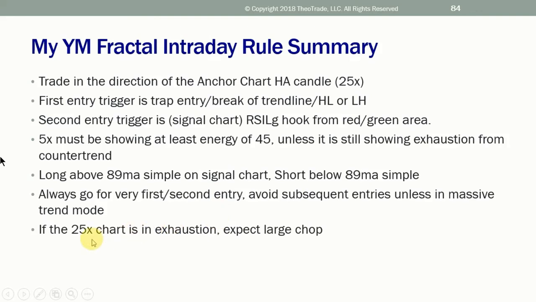If 25x is in exhaustion, expect large chop. This is what we see all the time. We see the anchor chart swing going straight up here, and as it breaks into exhaustion, we anticipate it's going to break into some type of ugly range, and we may not be able to run anything within that. We may have to pull in our targets just to book some handles.